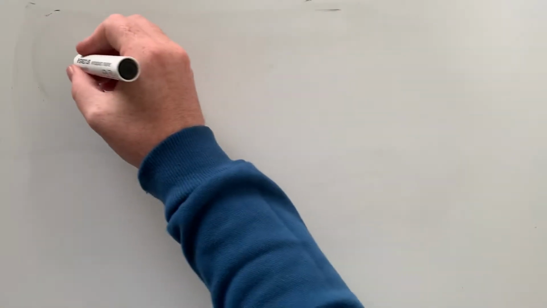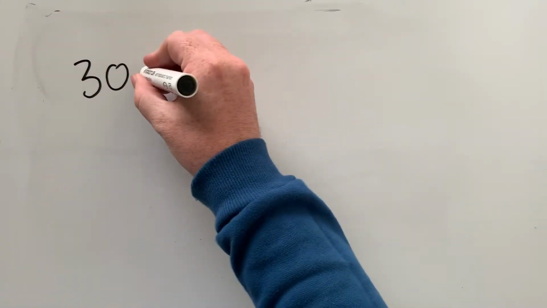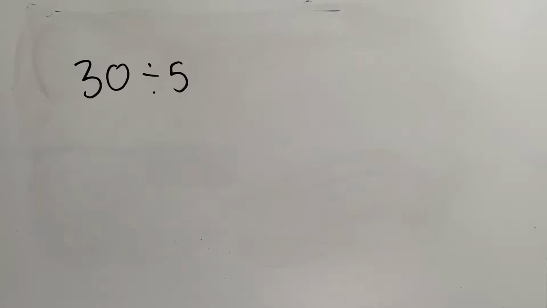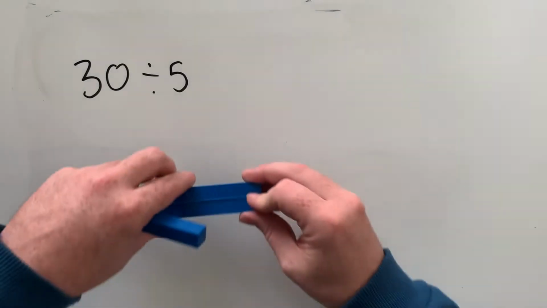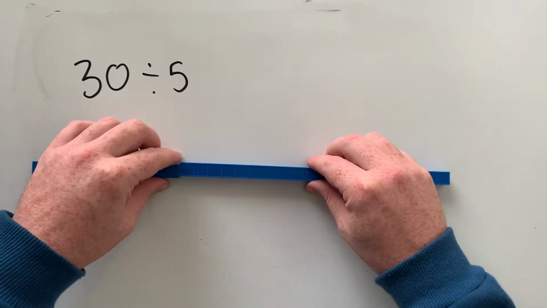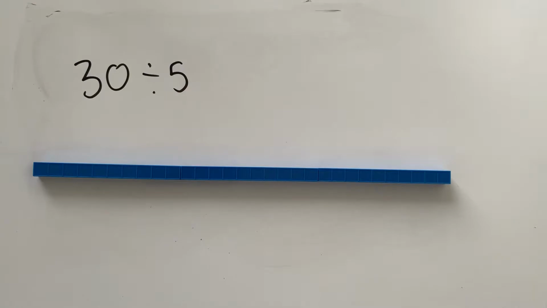And this time, I'm just having a look at 1 though. We'll do 30 divided by 5. Yeah, 30 blocks.